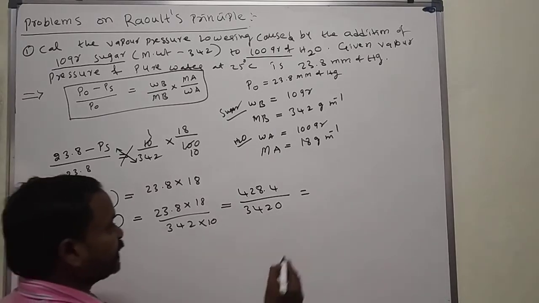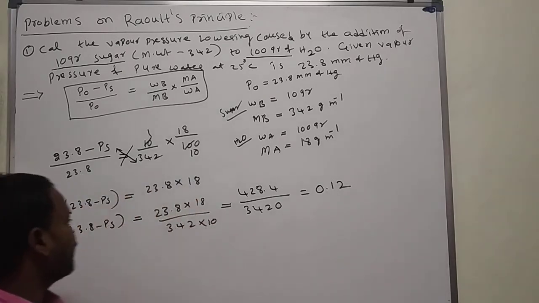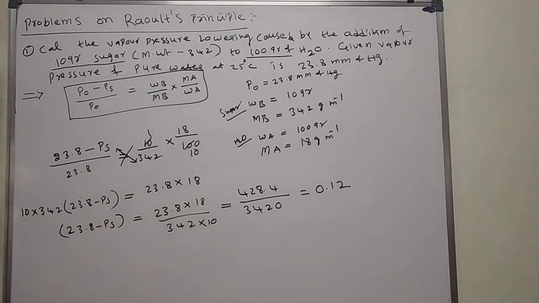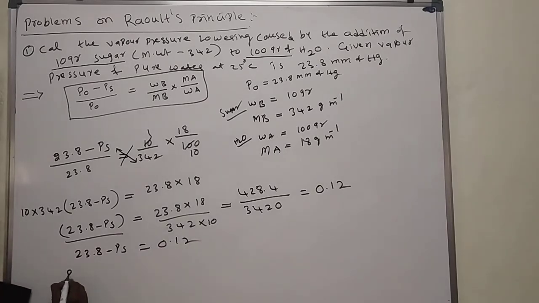The value is 0.125. What is the Ps value? We need the Ps value now. 23.8 minus Ps is equal to 0.125.